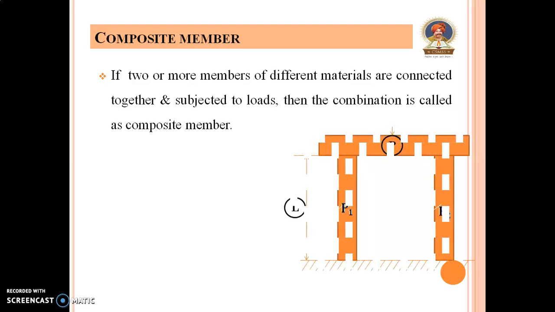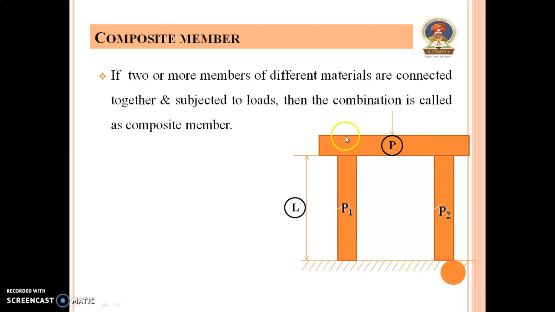Here we are going to consider the composite bar, that is bar 1 and bar 2. These are composite bars having different materials. For bar 1, material 1 is used.